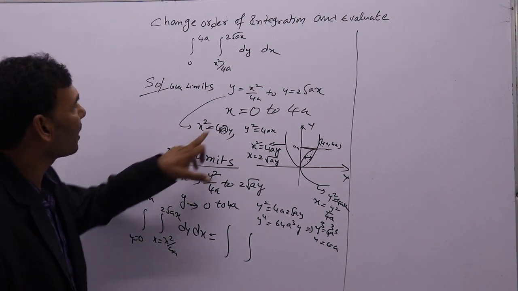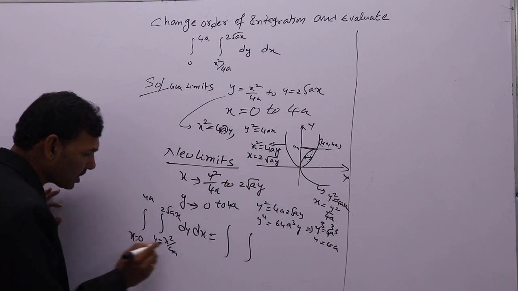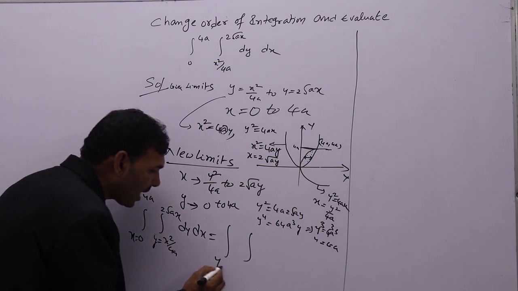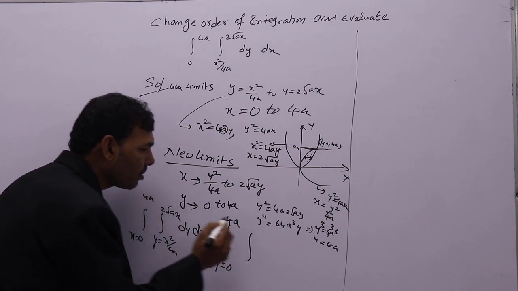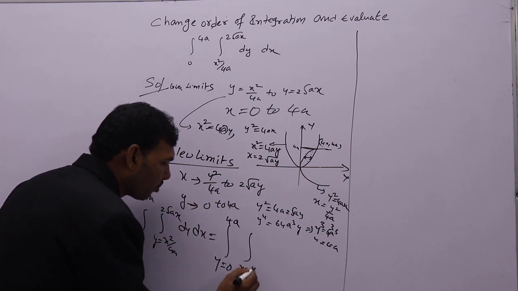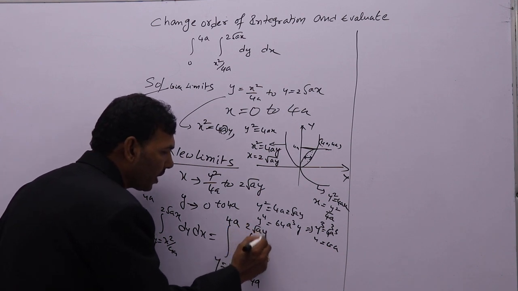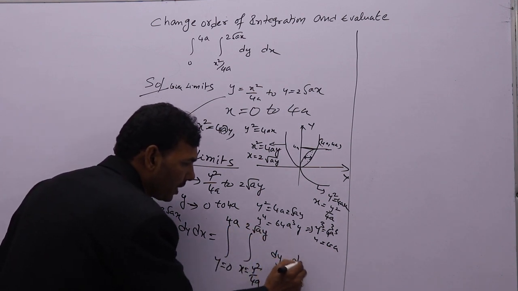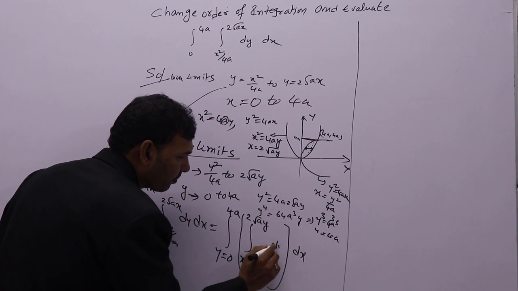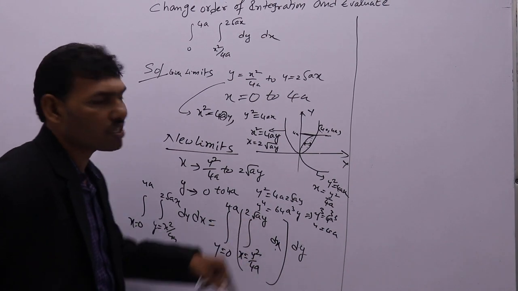In the given region, x has constant limits and y has variable limits. Now y has constant limits and x has variable limits, from y squared by 4a to 2 root ay, dx dy, because the x limits are in terms of y.